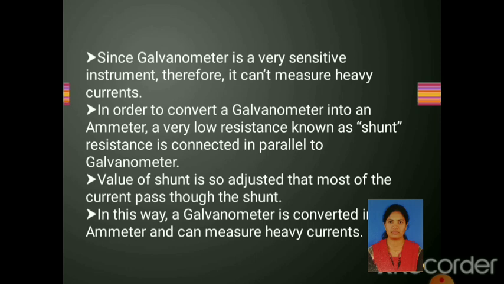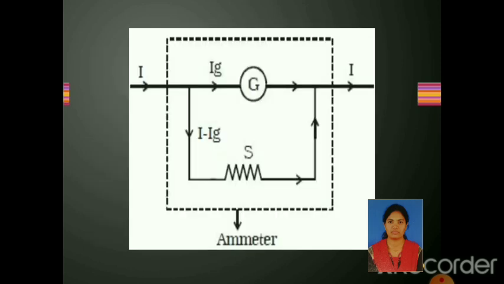In this way, a galvanometer is converted into an ammeter and it can measure heavy currents. So here we can see how a galvanometer is converted into an ammeter.